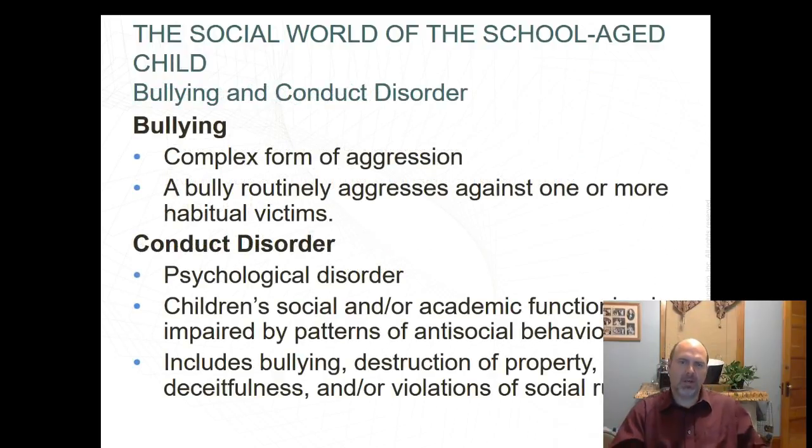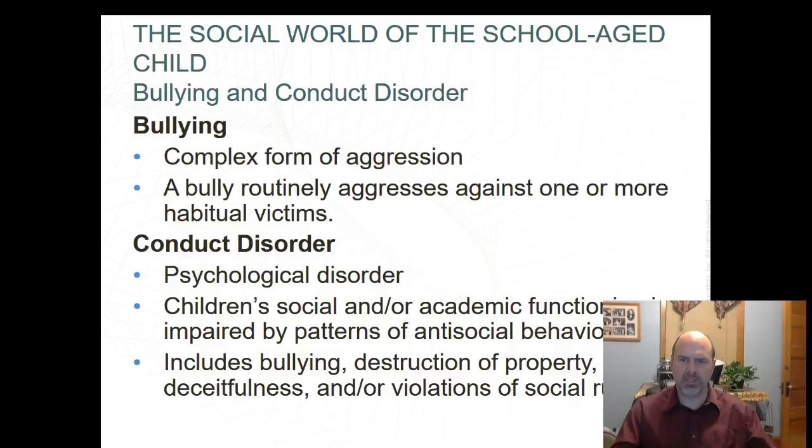Next is bullying. It's a complex form of aggression. It could be physical, it could be emotional, it could be words, it could be actions. But this is where there's a pattern of behavior where a bully routinely aggresses another person. Conduct disorder is a psychological disorder where children's social or academic functioning is impaired by patterns of antisocial behavior.